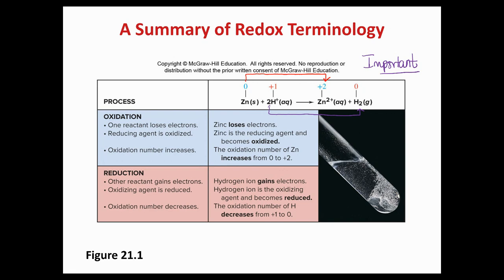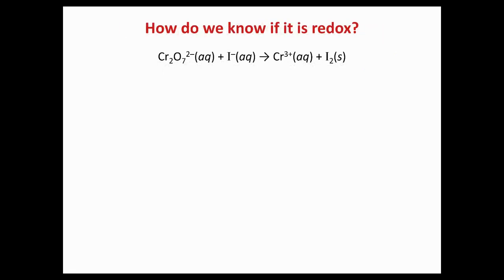Now, in this example, this is a pretty easy reaction. They're not always that easy. So if I have a reaction of dichromate plus iodide to make chromium 3+ and iodine, this is also a redox. And so the first question that I'd like to pose is, how do we know it's redox? Will we be able to identify oxidation and reduction and oxidizing and reducing agent?